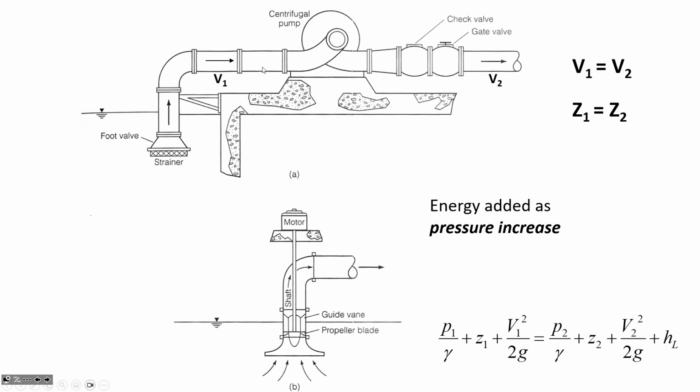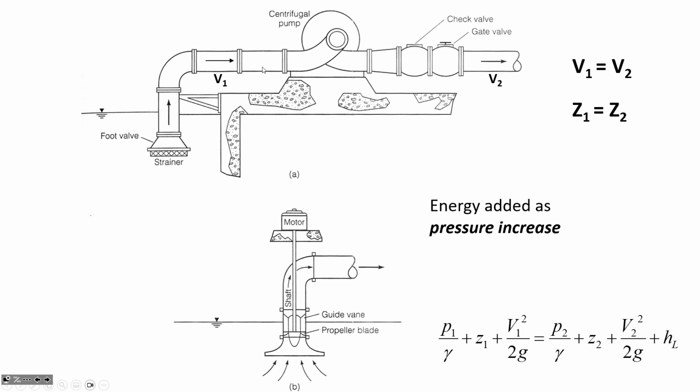And so it would be going down, and then there's a sudden increase. And then the energy grade line is going down again because of the energy loss due to pipe friction. So EGL takes into account the velocity head plus the pressure head plus the elevation head.